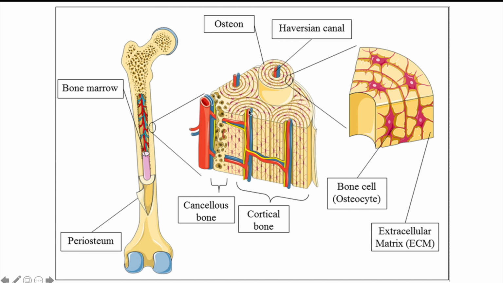There's one, and there's the central canal with the artery and vein and also the nerve, and there's one as well. This is a classic picture of what we call the Haversian system. We call it that because of these repeating Haversian canals. The words Haversian canal and central canal are synonymous.